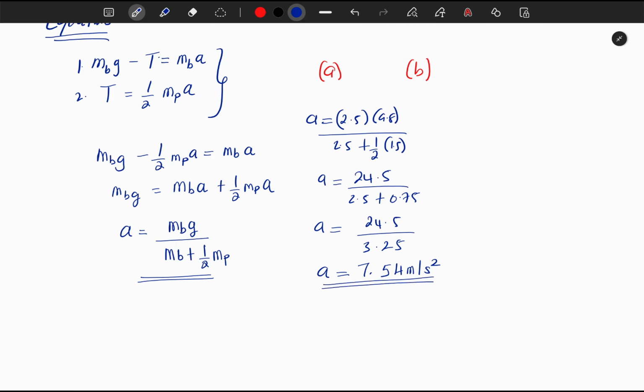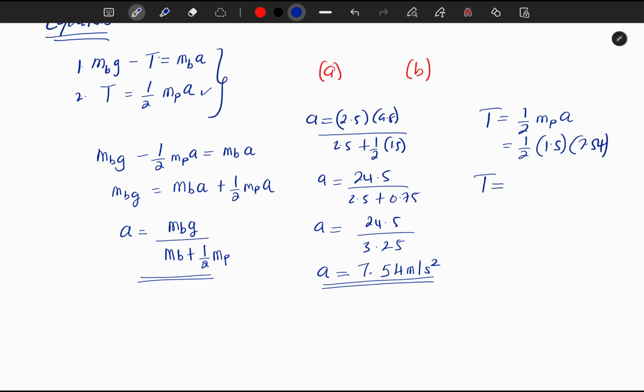What is now the tension? Now we can find tension using this equation number 2 here. We know that tension is half M P a. This would be half mass of the pulley. What's the mass of the pulley? 1.5. And the acceleration is 7.54.